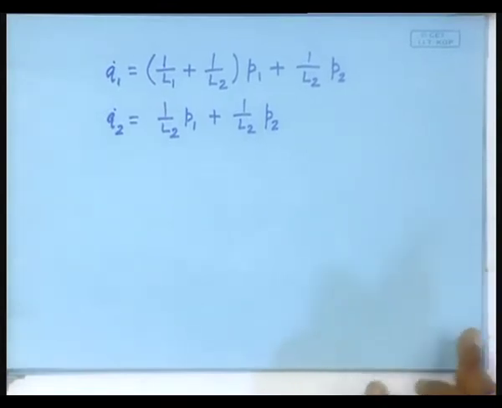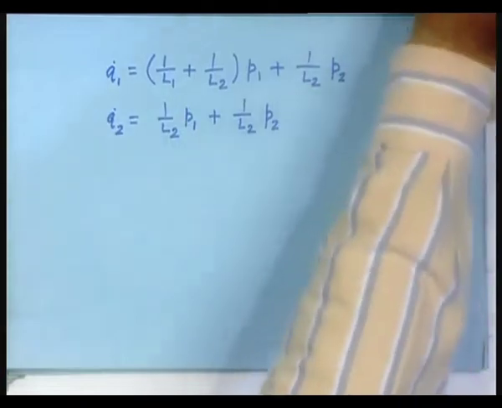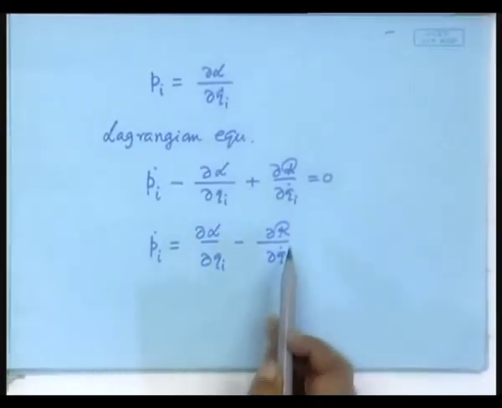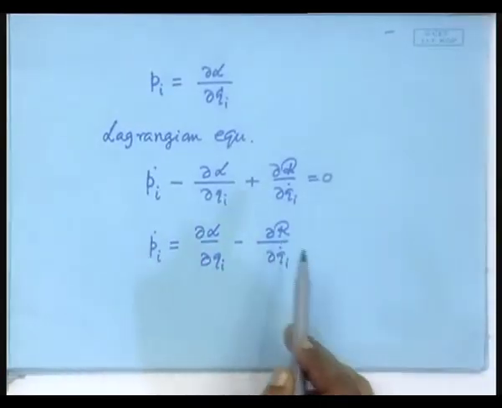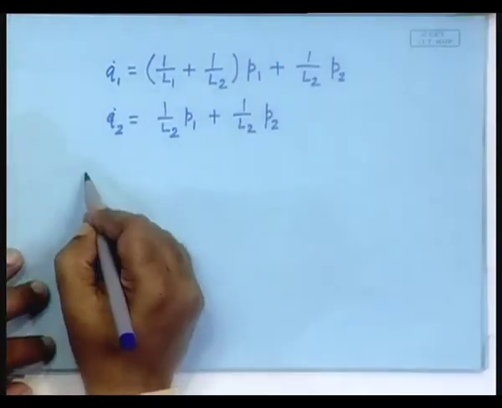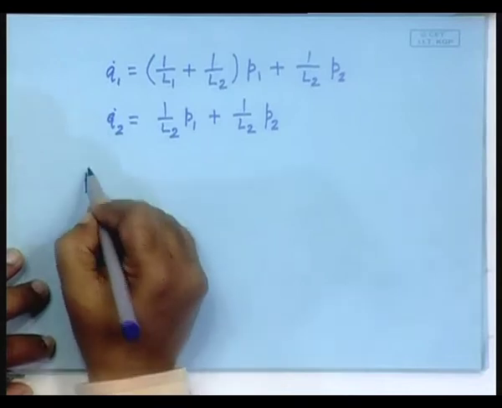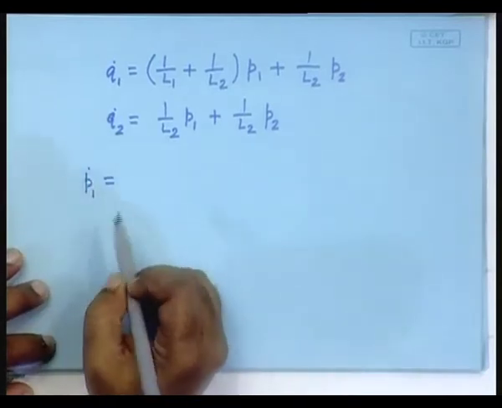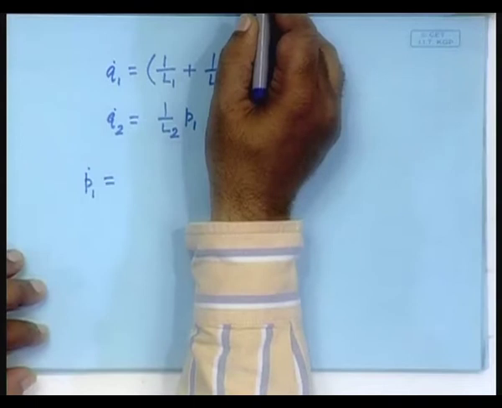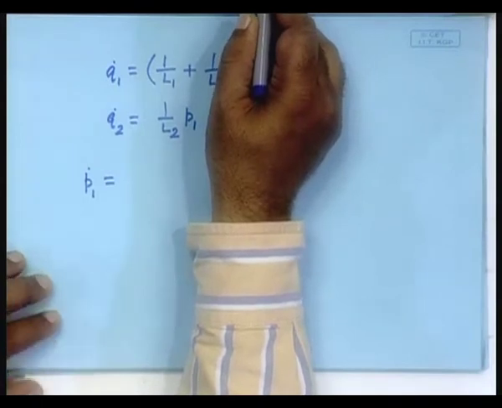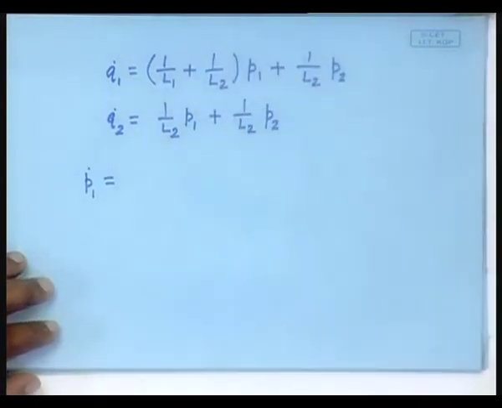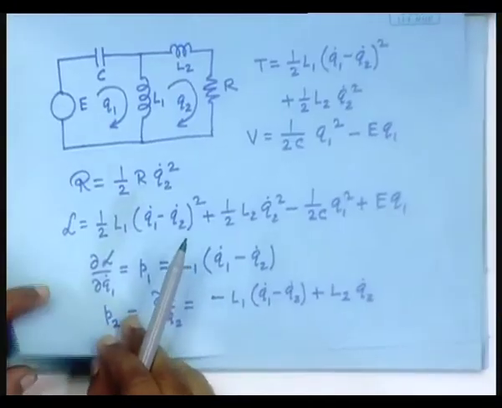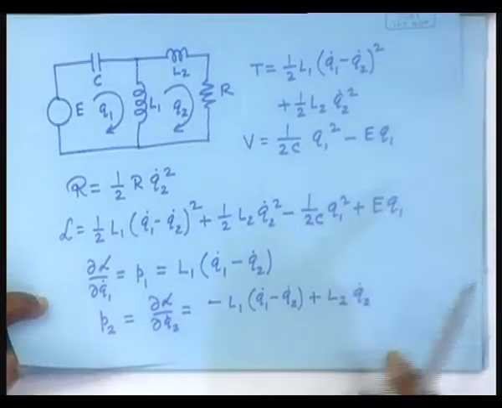Okay. So, in this case they will have to be obtained from this equation, because the Rayleigh term is there. So, p 1 dot is equal to the derivative of the Lagrangian with respect to q 1, that will come to be these two terms.